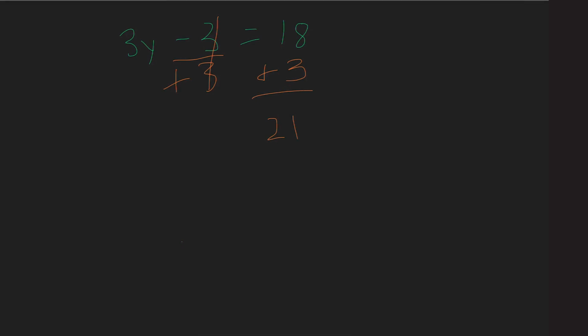And then we have to divide both sides by 3. 3y divided by 3 equals 1y, which is just y. 21 divided by 3 equals 7. So y equals 7.